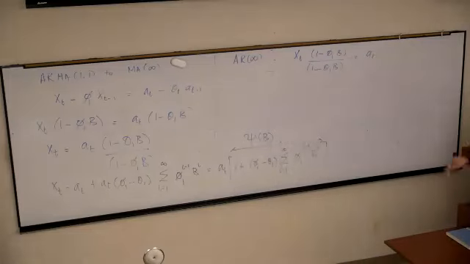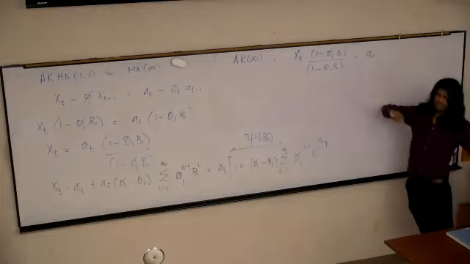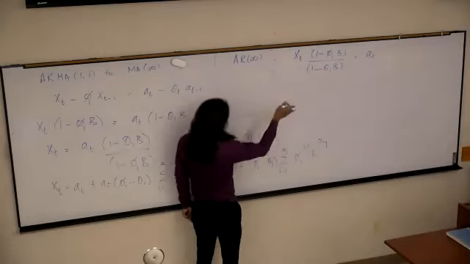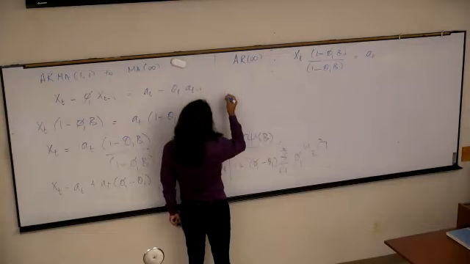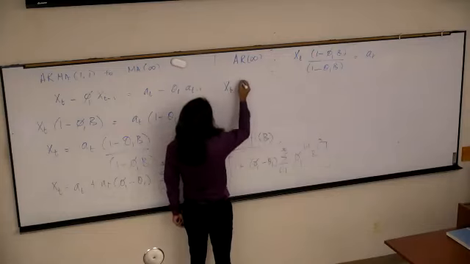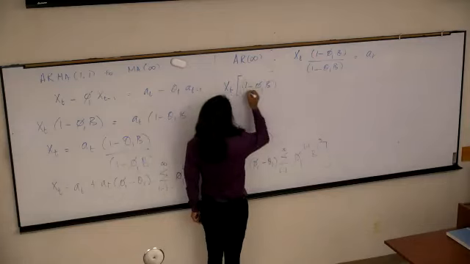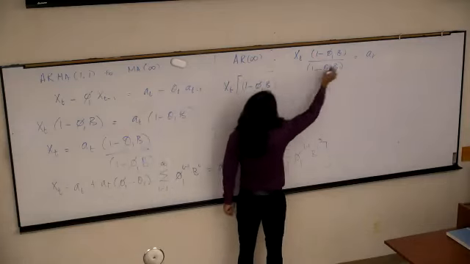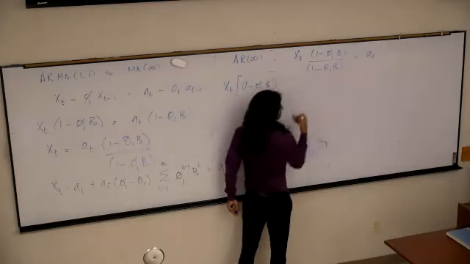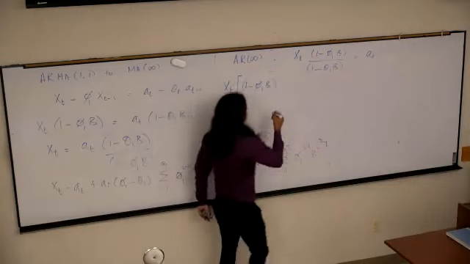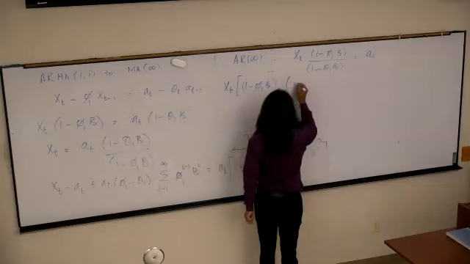And from here, the process is exactly the same. We are going to rewrite that denominator term using geometric series. So XT times (1 minus phi1 B) times 1 over (1 minus theta1 B) is the infinite sum of the geometric series.